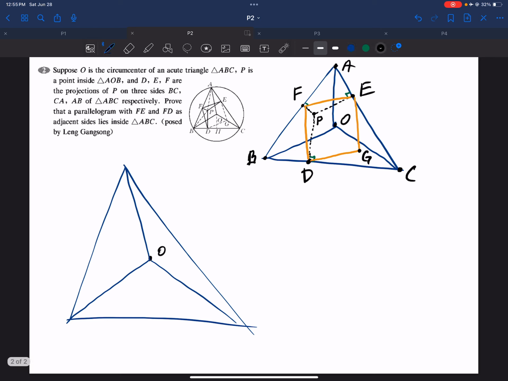Okay, fine. So let me introduce names for the vertices: C, A, B. I will also call this point Q. So now I will introduce point Q here, and then there are projections.